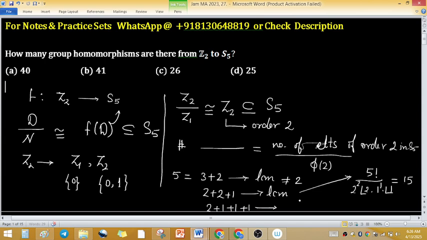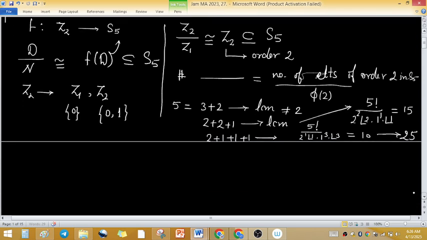For the second partition, factorial 5 upon 2 raised to the power 1 into factorial 1, into 1 cubed into factorial 3. Simplifying, we get 10. It means a total of 25 elements of order 2 in S5.